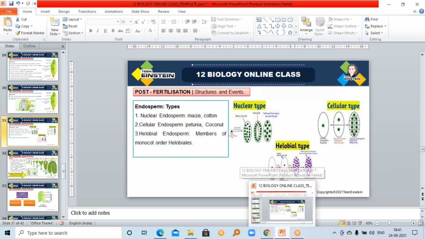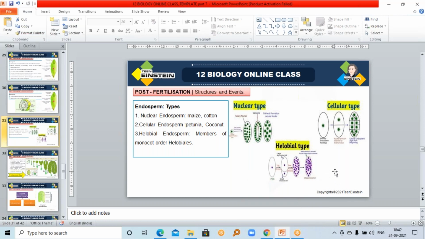And in monocots, order halobials. Only in this you can see the halobial type of endosperm. Halobial type in one order. Which order? Order halobials. Only in that particular order you can see this halobial type of endosperm.